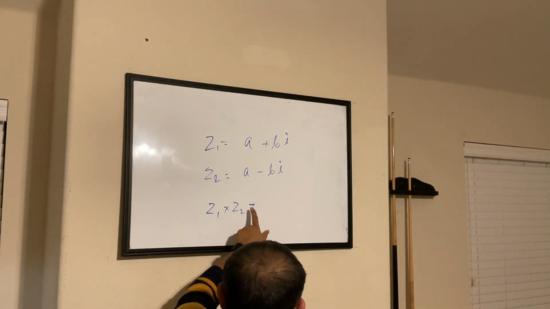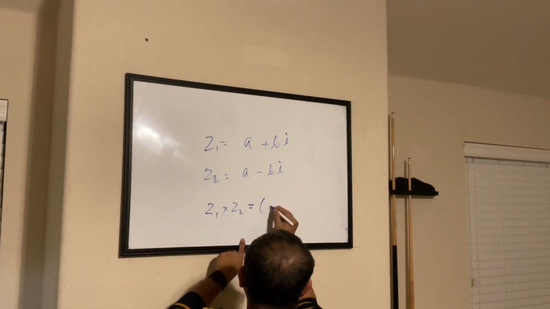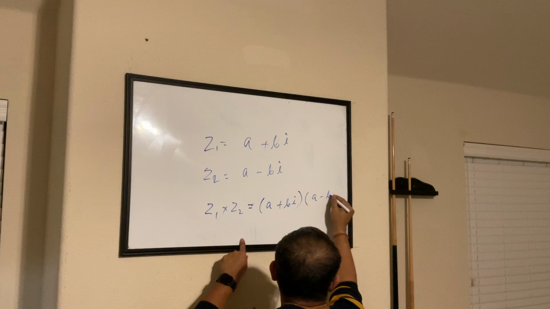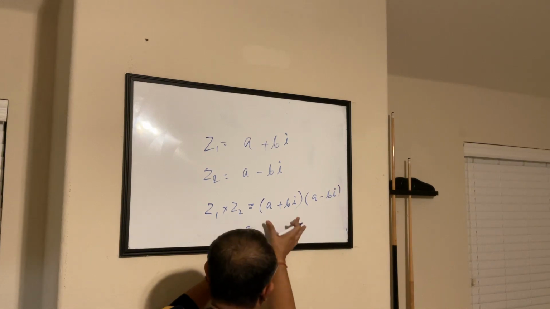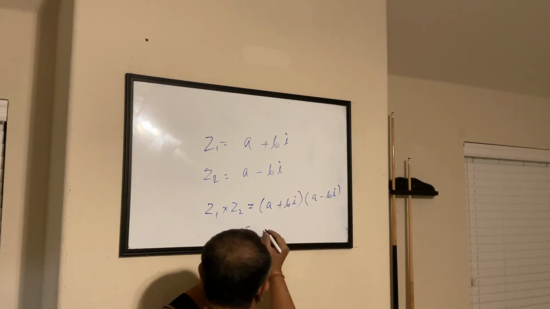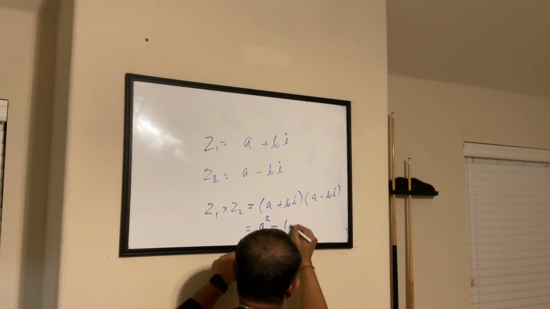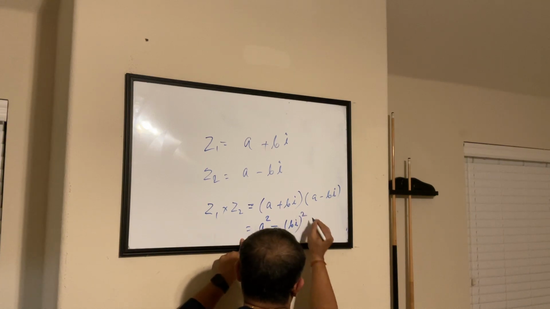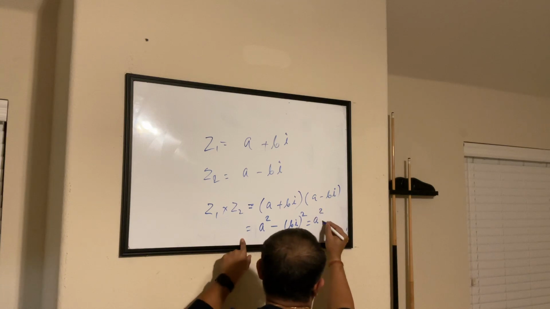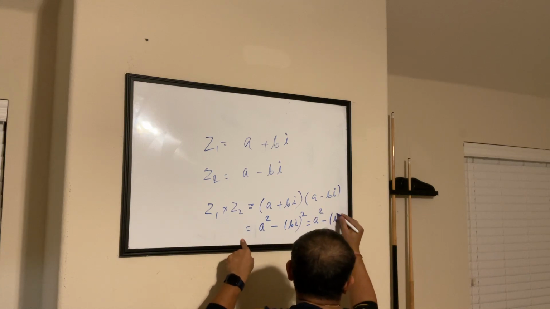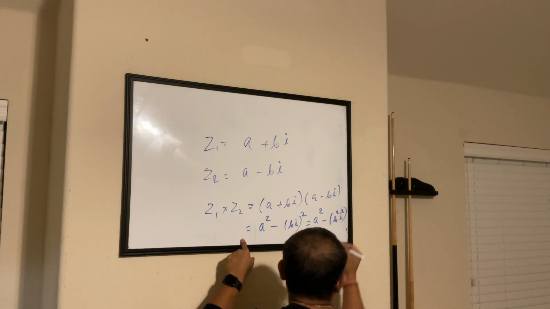So when you do z1 and z2, what does it become? A plus bi into a minus bi, which is essentially a plus b into a minus b form. It becomes a square minus b square, where b is bi, so it is a square minus b square i square.